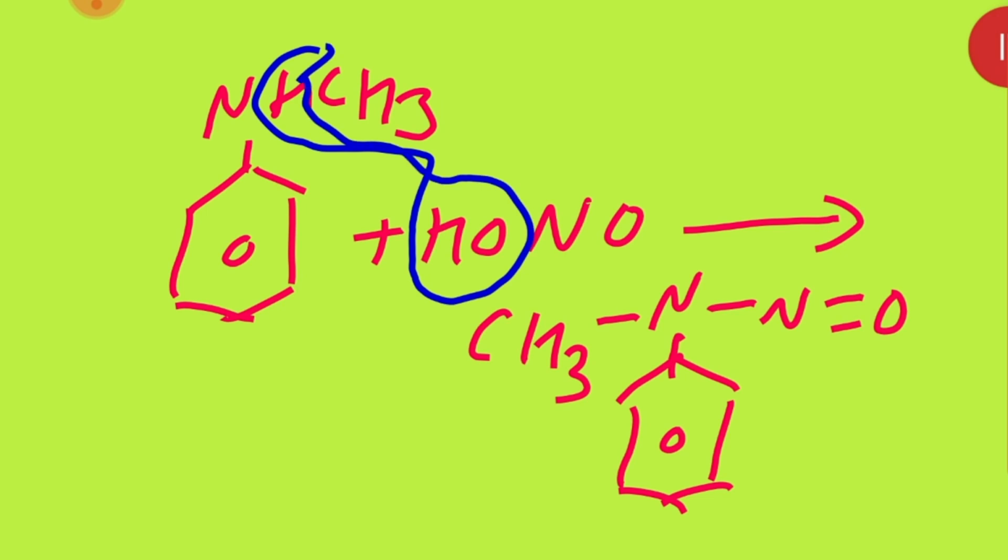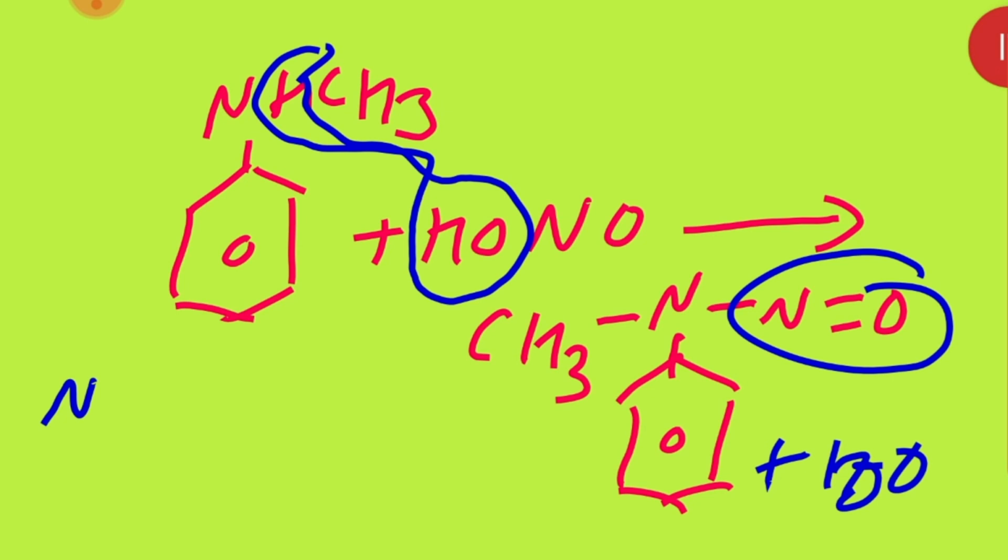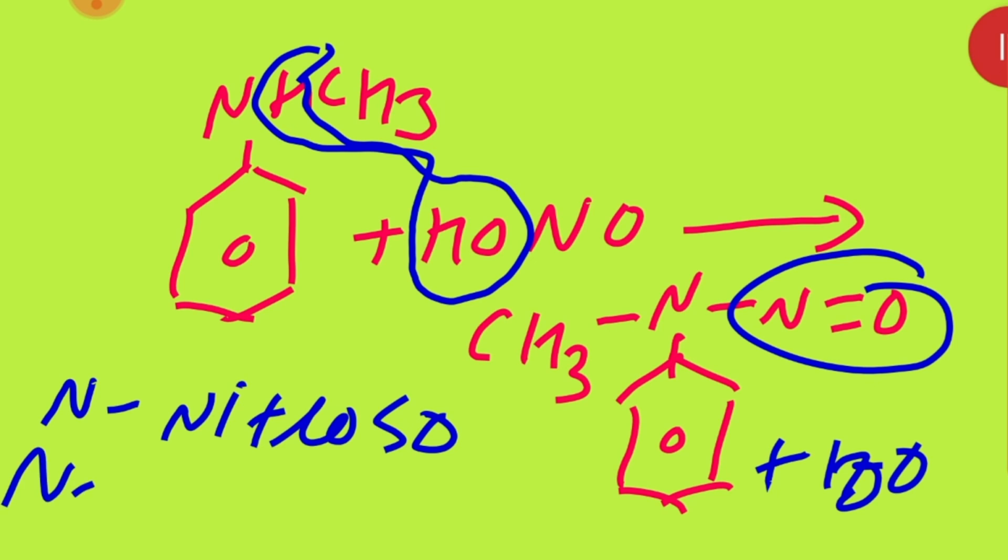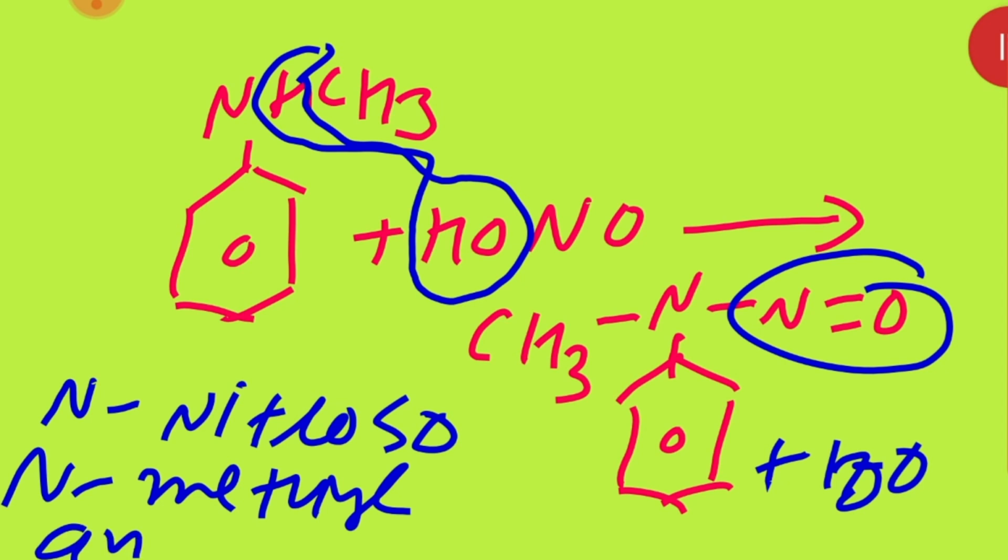Water has been removed from there. Then it is called N-nitroso N-methyl aniline. This is called yellow oil.